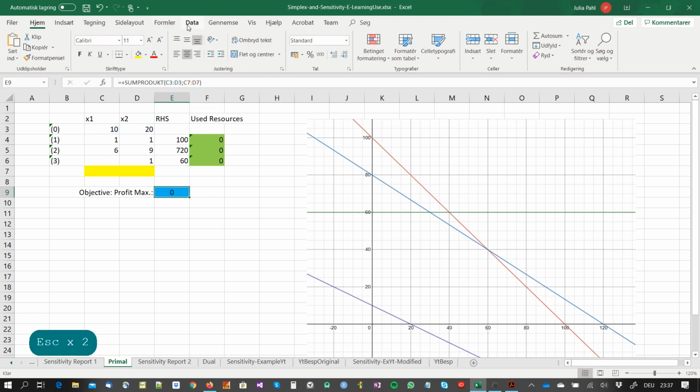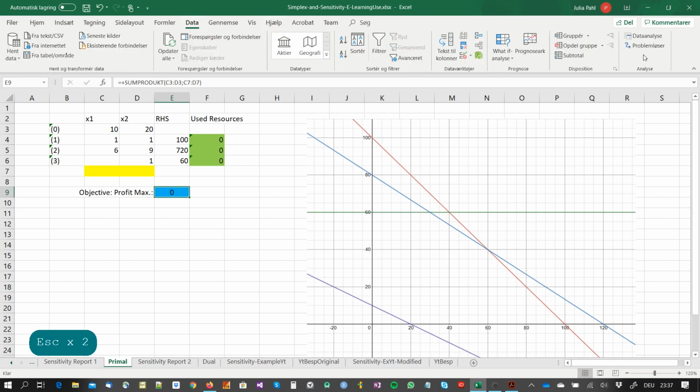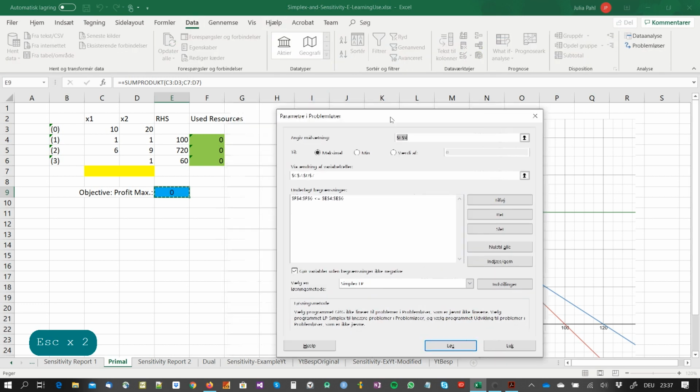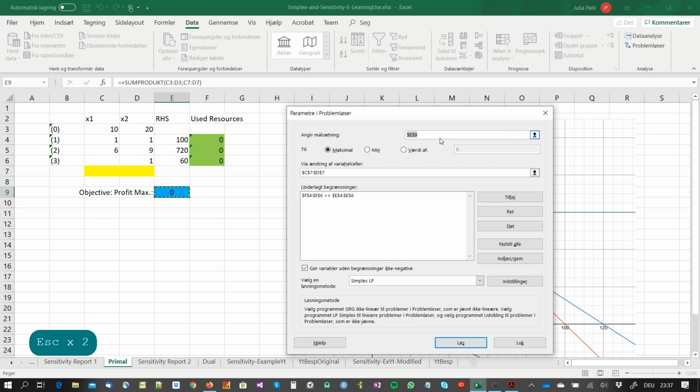So this problem, you recall, we give to the solver. So we define here where we find the objective of our problem. We want to maximize it, so we click on maximization, and then we give Excel also the changing variables that here we have given in yellow.